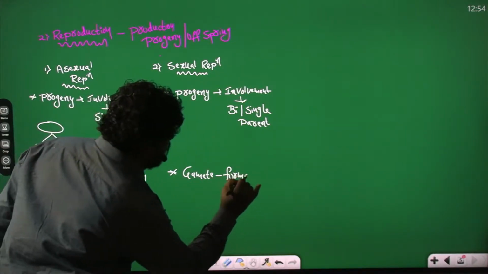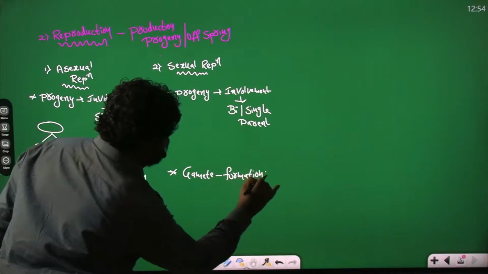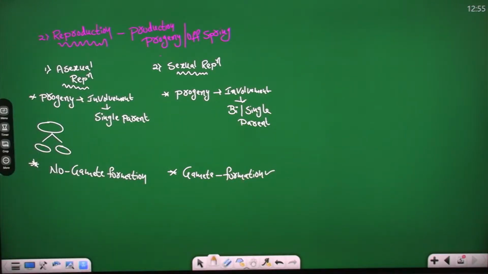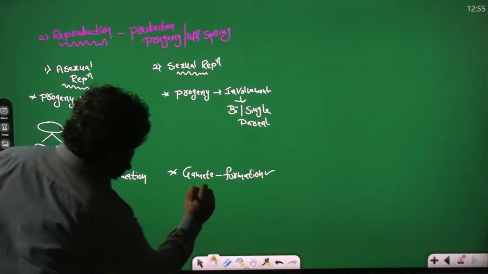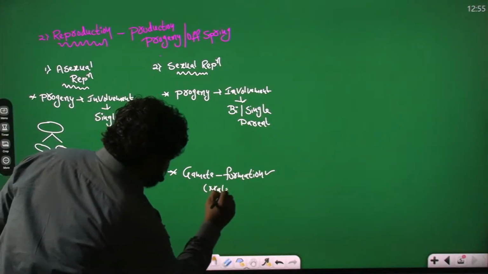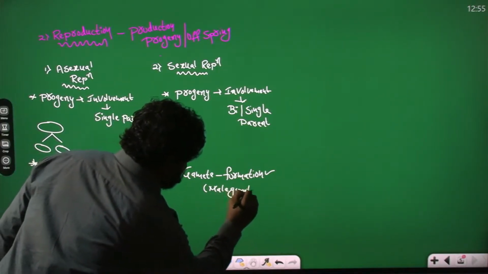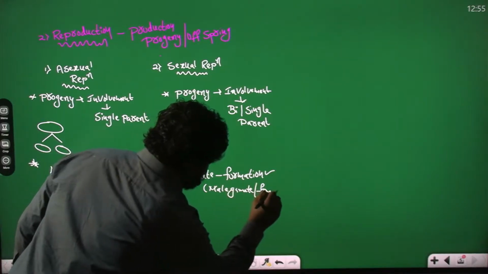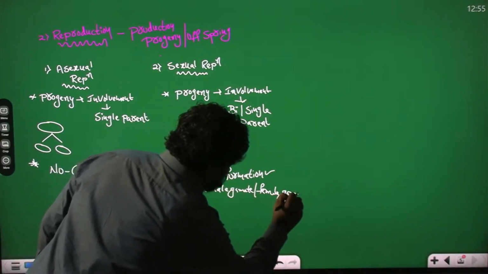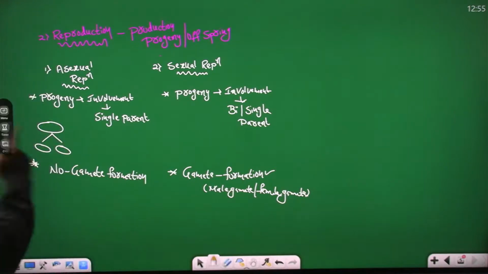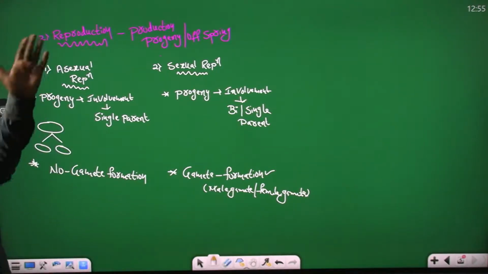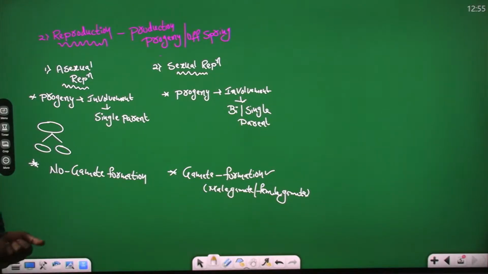Without gamete formation, there is no sexual reproduction. Male and female gametes are compulsorily formed in sexual reproduction, but no gametes are formed in asexual reproduction.